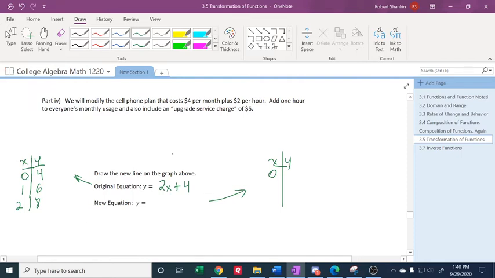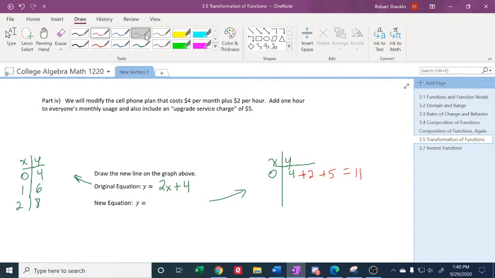So instead of just this 4, they had 1 hour added to their usage, and they had a $5 extra fee. When you put it together, 4 plus 2 plus 5 is 11.